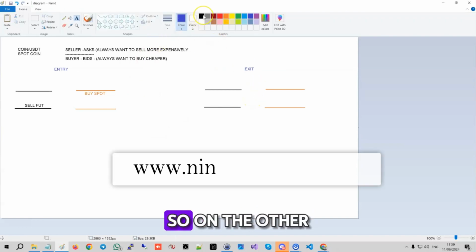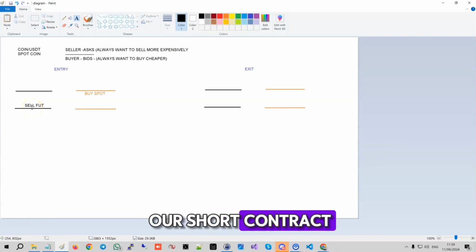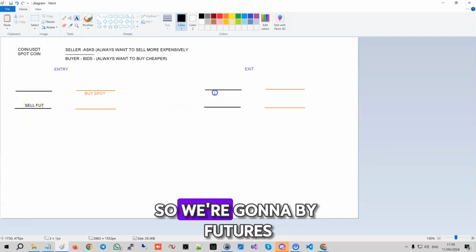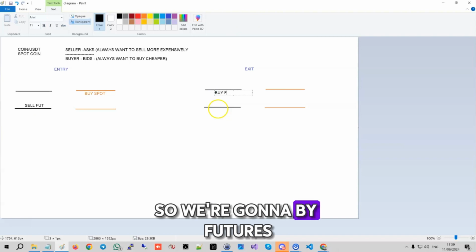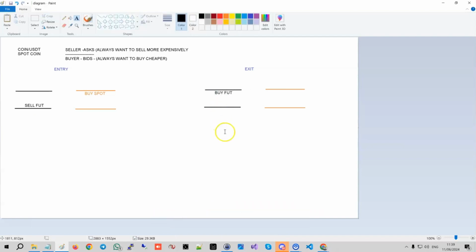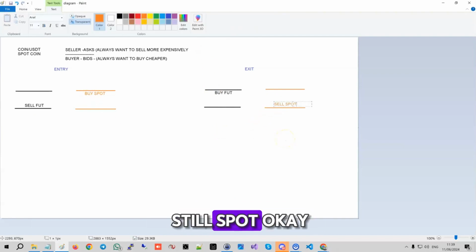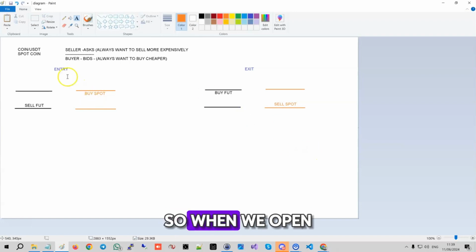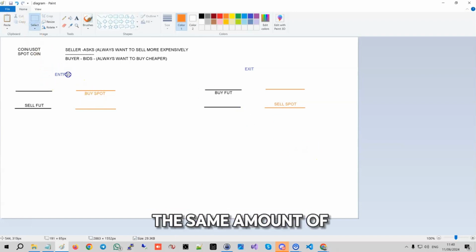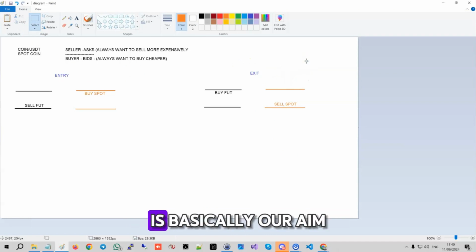On the other hand, when we close our short contract, we're going to buy futures back. And for the long, we're going to sell it to the bidders: sell spot.